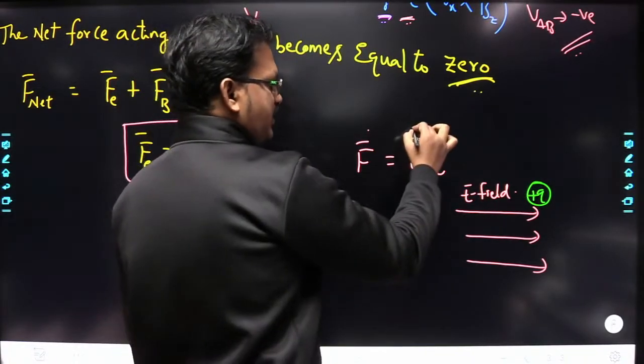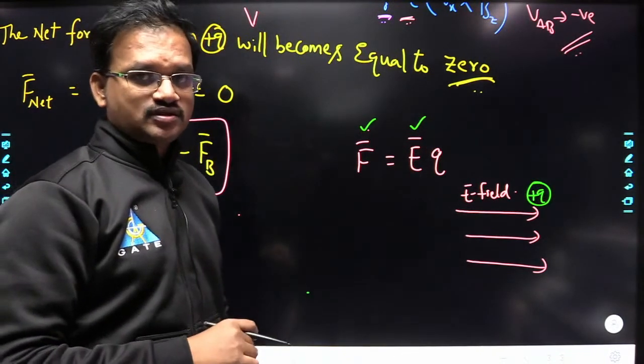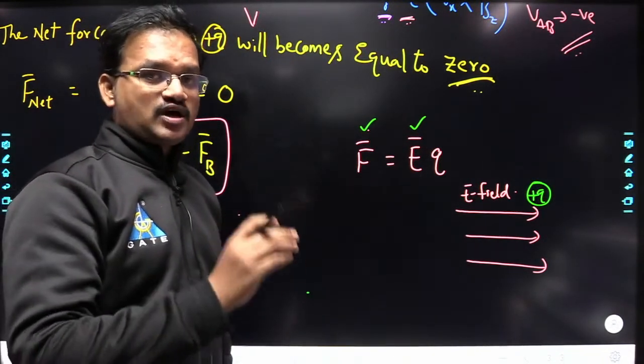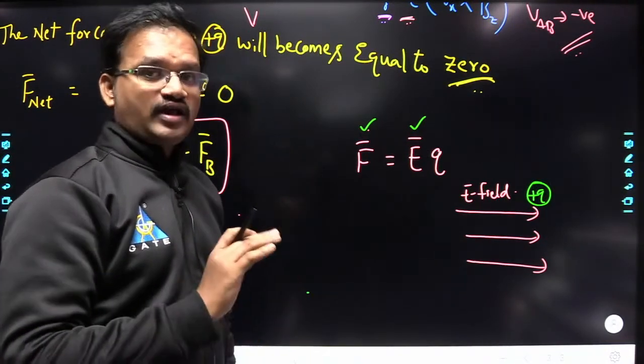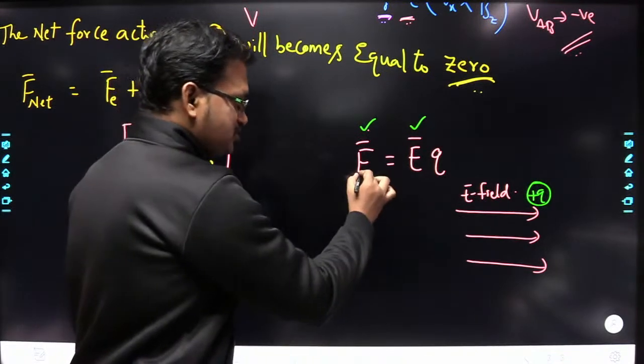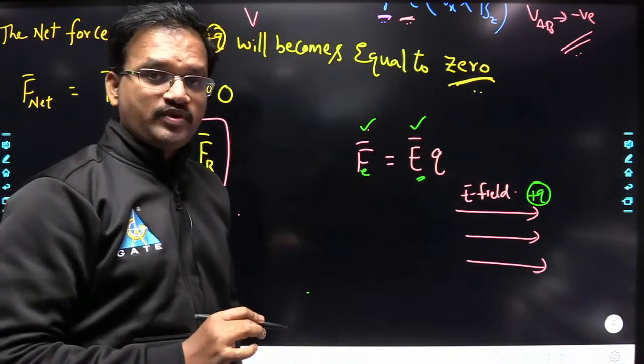In this case, the direction of the electric field and the direction of the force are going to be the same. Whenever you place a positive charge in the electric field, that positive charge will move along the direction of the electric field. So the direction of electric force and the direction of electric field are both the same.